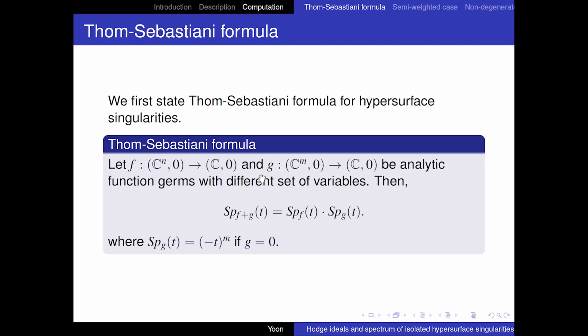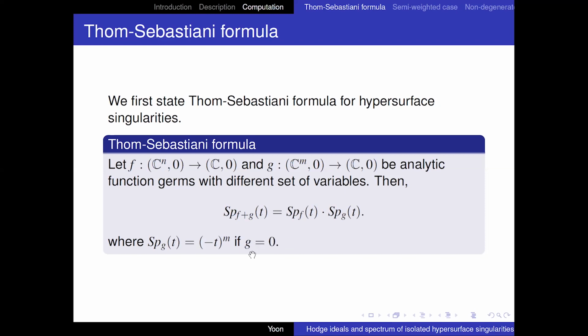In the case where g is constantly 0, we take the spectrum to be negative t to the m.